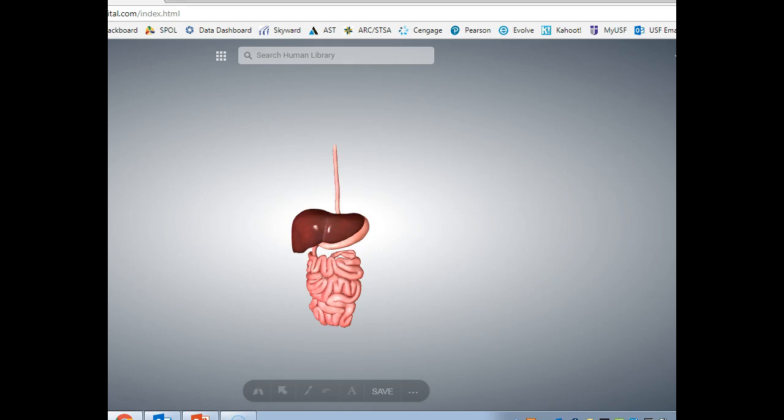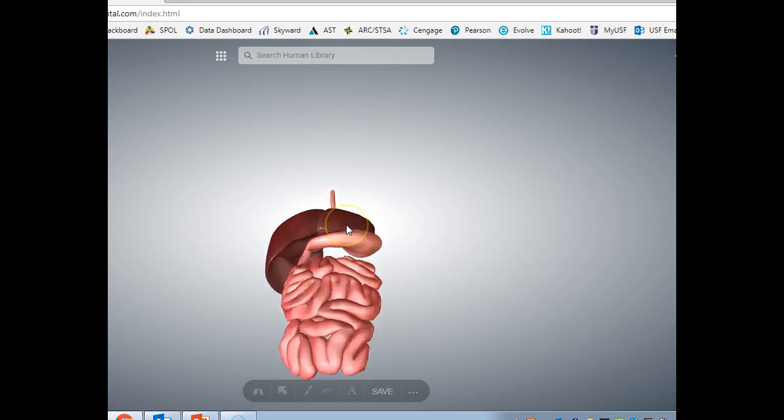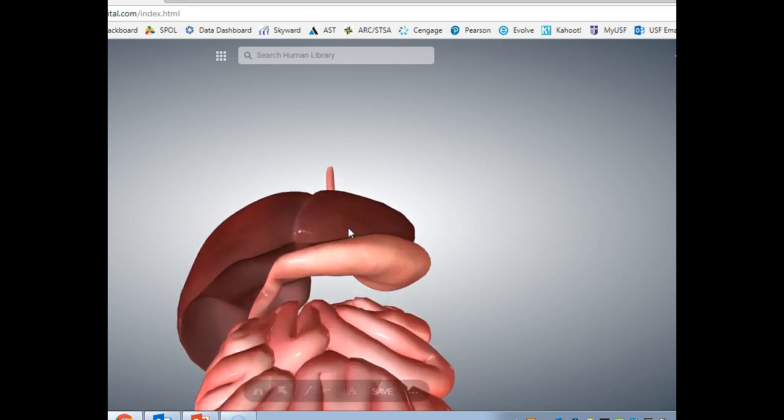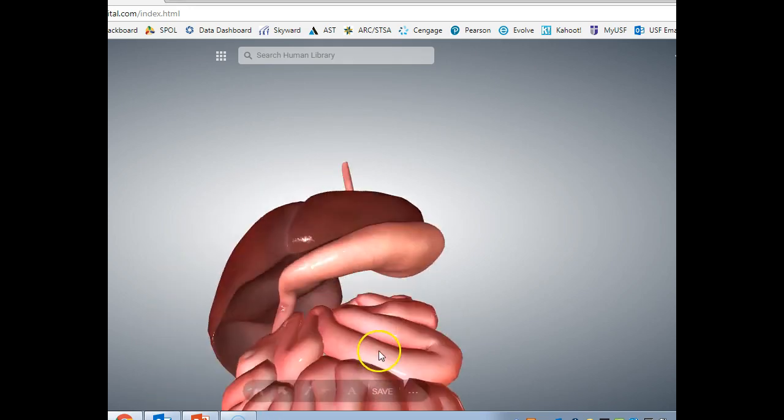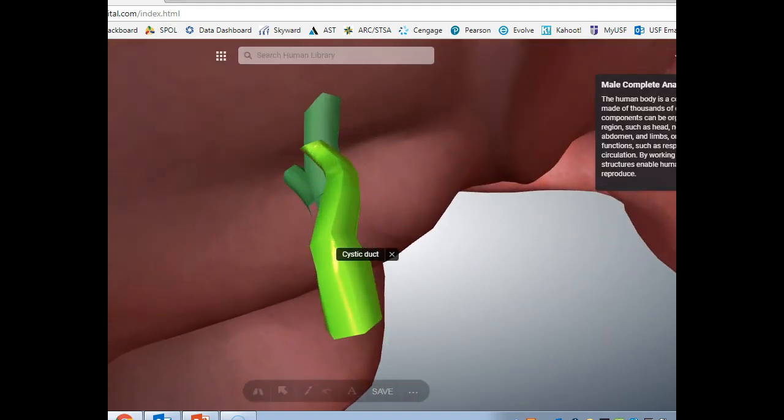So there's going to be some ducts that come off of this, and I'll try to show you on here. I'll have to kind of look underneath. Okay, so this is the underside of the liver. So we're going to have the common bile duct and the cystic duct are going to be two big ones.